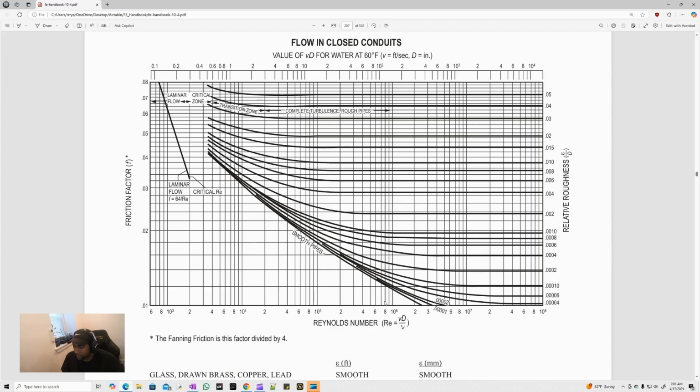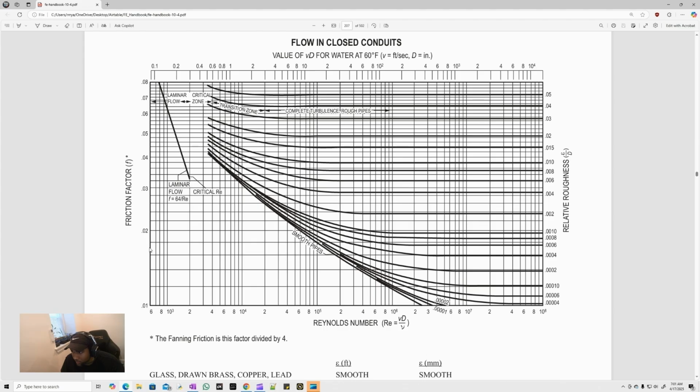Now 4.95 times 10 to the 5th is approximately 5. So it's where my mouse is, right? Between 10 to the 5th and 10 to the 6th, we have this 5 times 10 to the 5th term. We're going to go up until we reach this value, 0.0004. Now that's this point right here, and we'll just travel straight to the left.